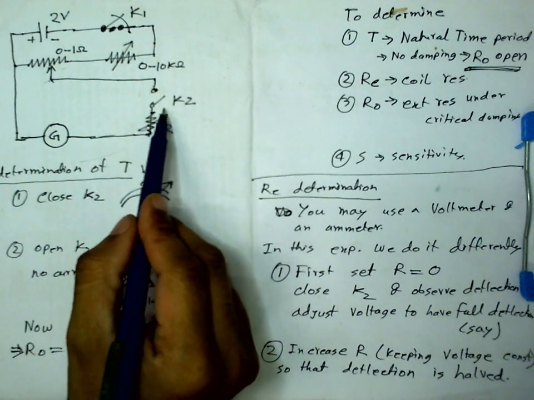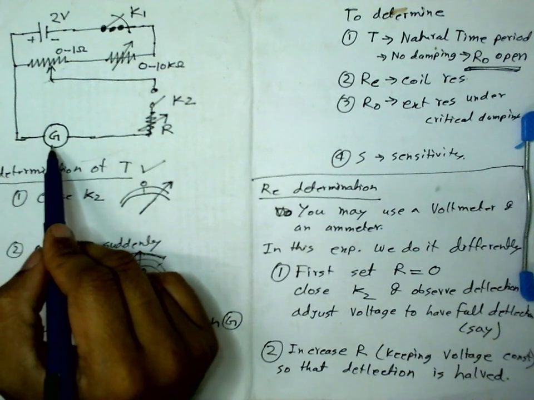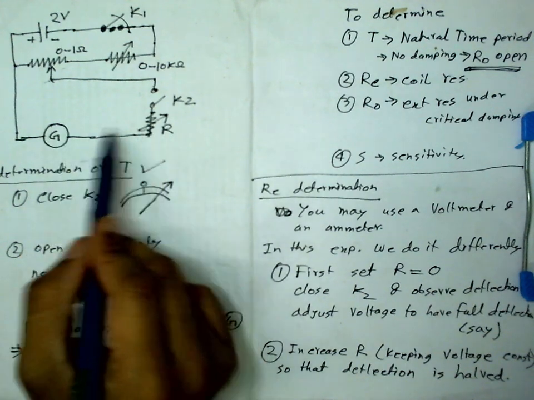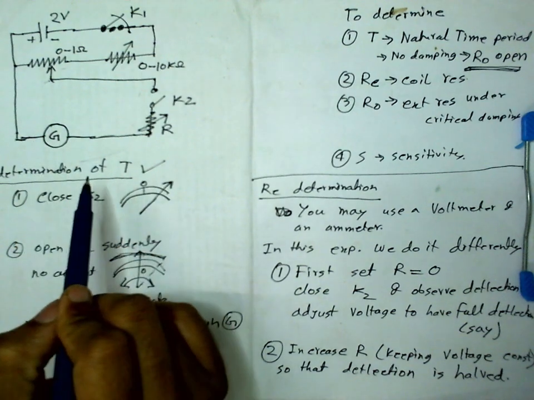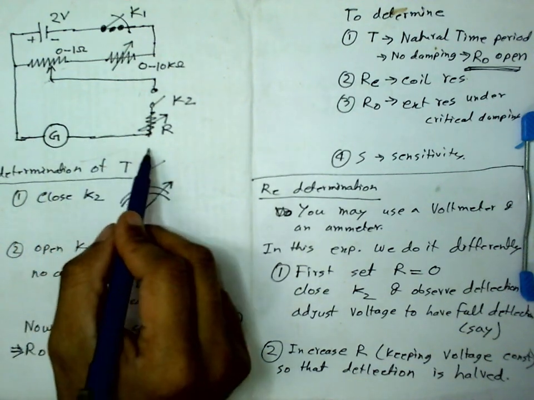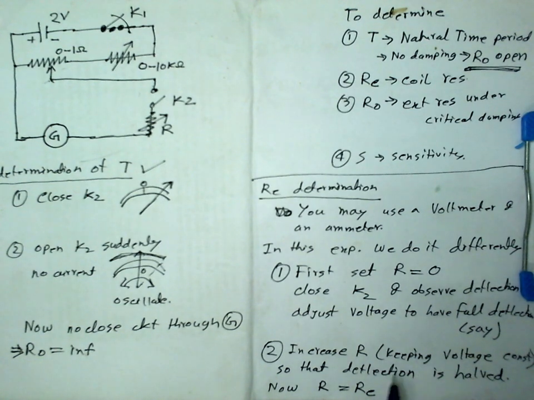So now this resistance should be equal to the resistance of the galvanometer, because the two together are double the galvanometer alone. So now R is equal to RC at this point. You see that we do not need a voltmeter or an ammeter.